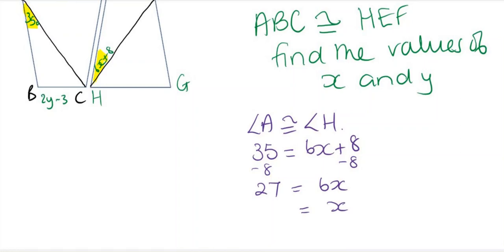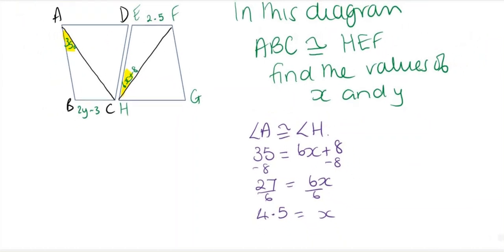So if I divide both sides by 6, x will be equal to 4.5. So I know that x is 4.5 and I need to find y.